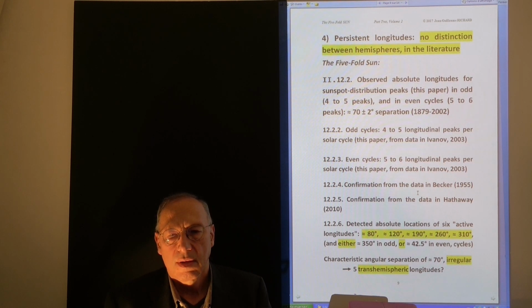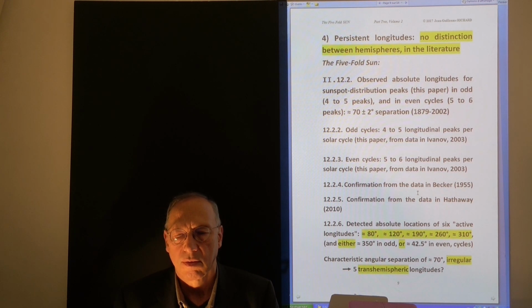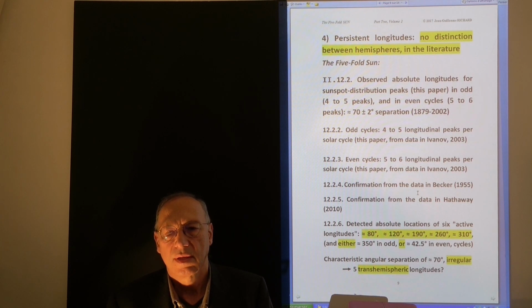We also are able to make a census of the explicit mentions of absolute longitudinal locations for these active longitudes or complexes or nests of sunspots that remain persistent over many cycles, many decadal solar cycles.